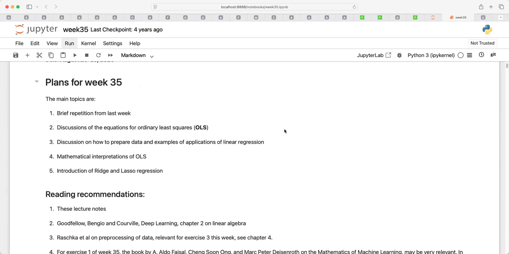So the first exercise this week is a paper and pencil exercise, where we, in a way, are trying to remind you of how you calculate derivatives of vectors and matrices. And the material which you find in the Jupyter notebook is hopefully of some help when you're going to solve the first exercise set. And this is something which is useful for many, many reasons.